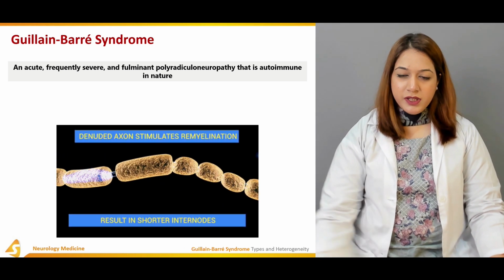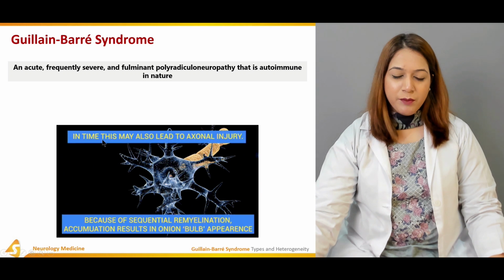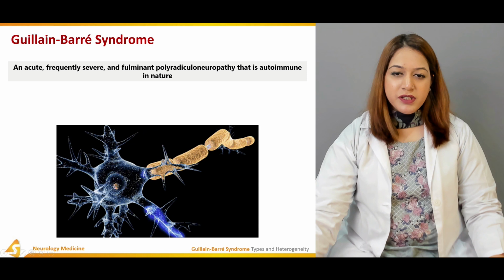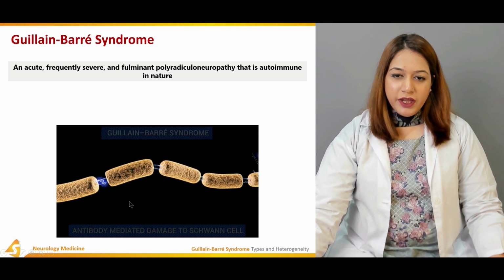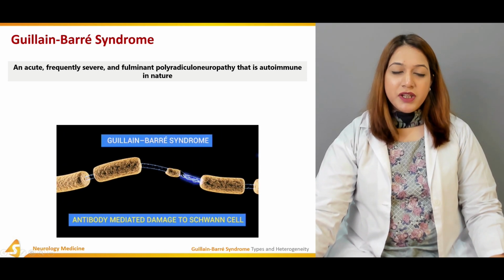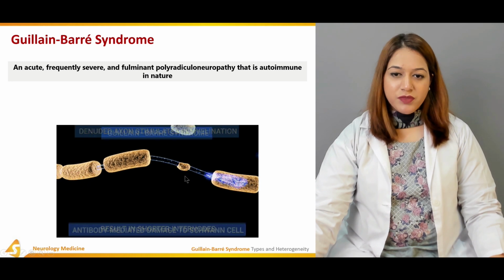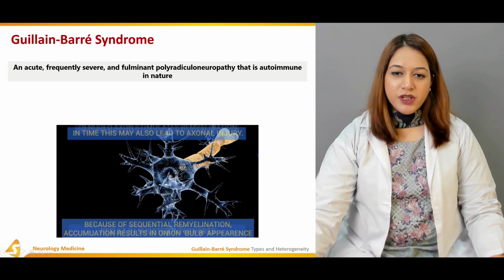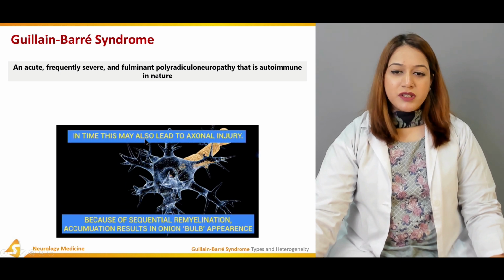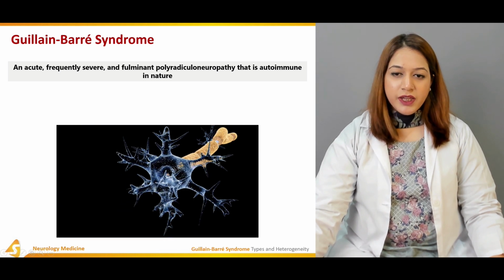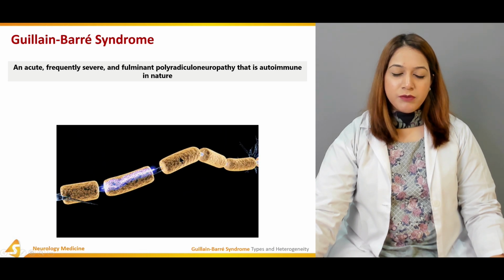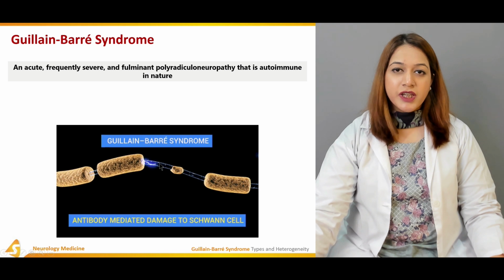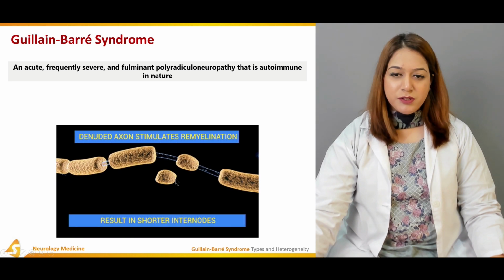As you can see in this diagram, GB syndrome is basically antibody mediated damage to the Schwann cells. The Schwann cells are being attacked by the immune system. The denuded axon stimulates demyelination, and because of the remyelination, there is accumulation resulting in the onion bulb appearance.